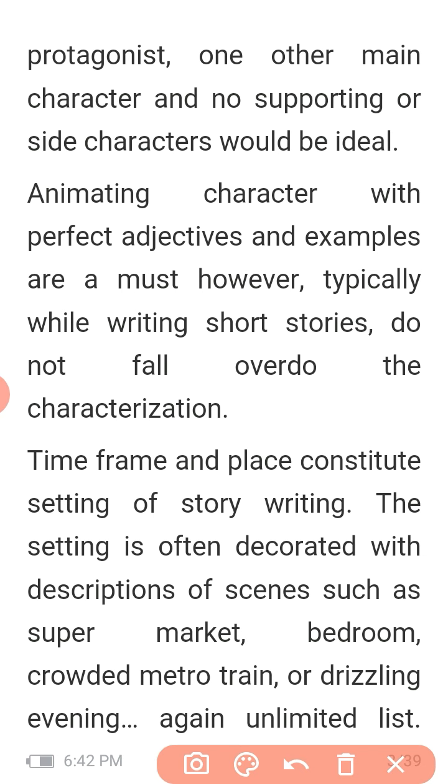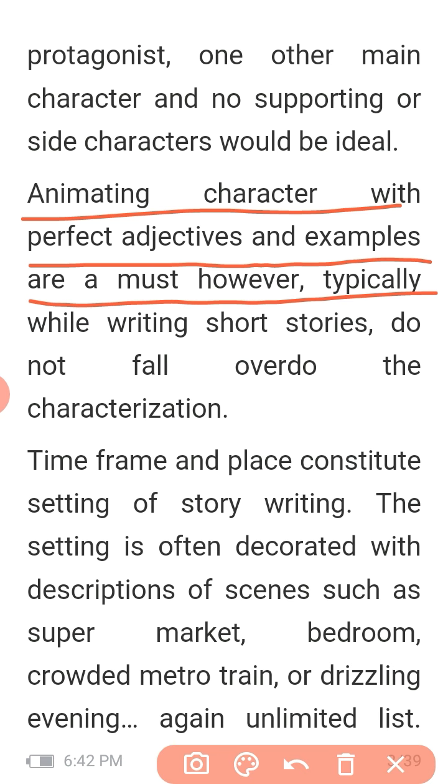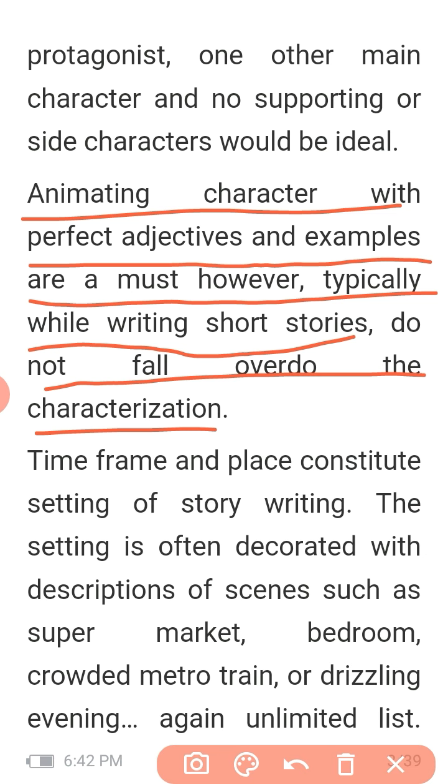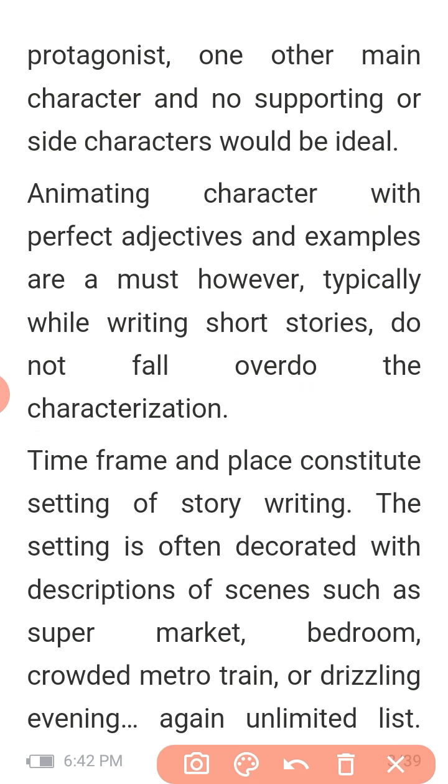Characterization is a very essential part of it. Animating characters with perfect adjectives and examples is a must. However, typically, while writing short stories, do not overdo the characterization. What do you understand by this? You should be able to describe the characters by using interesting, perfect adjectives.